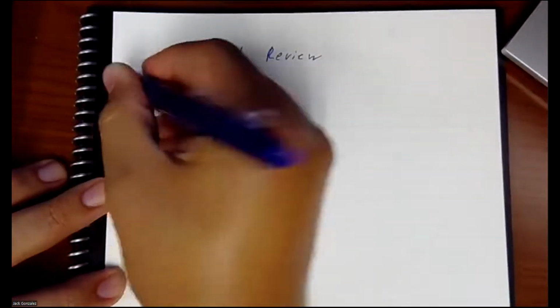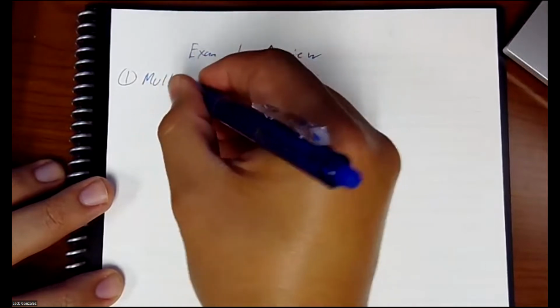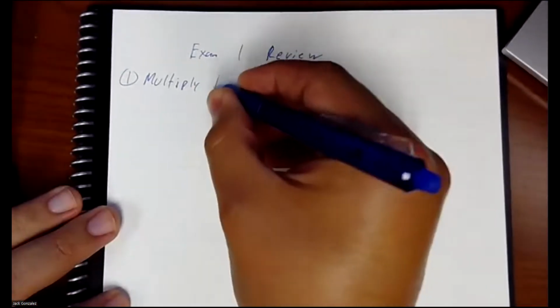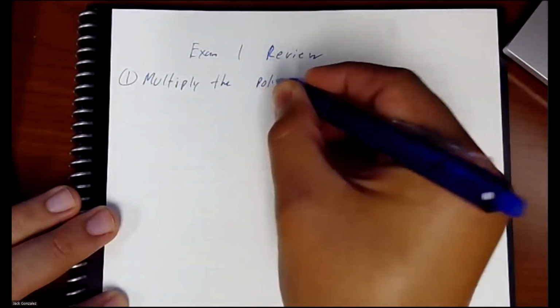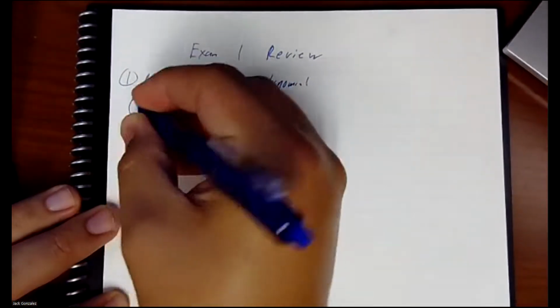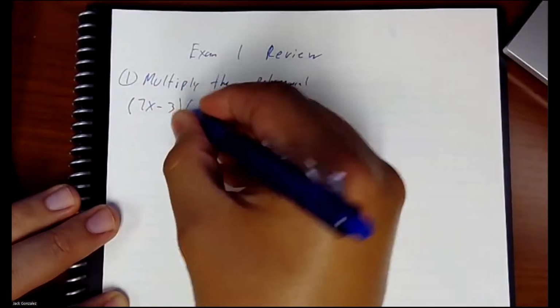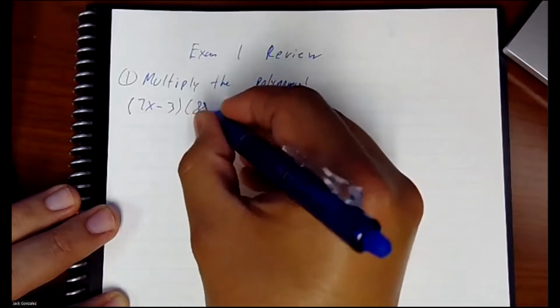So number 1, pretty chill, just multiply. Okay, second, the polynomial. 7x minus 3 times 8x plus 1.